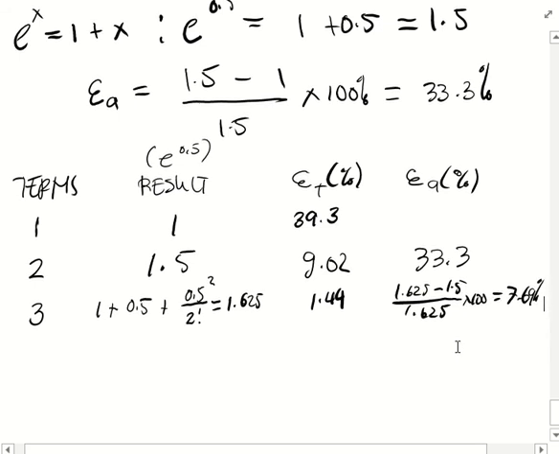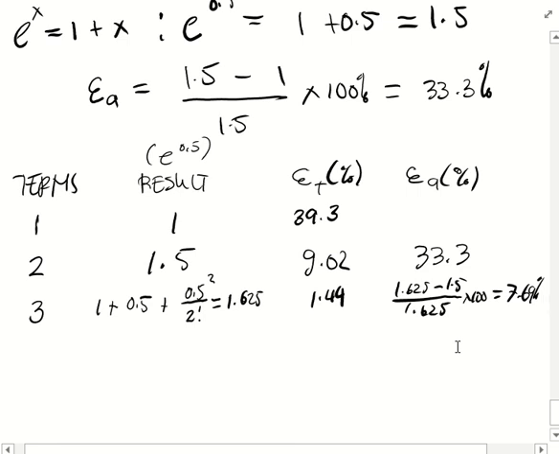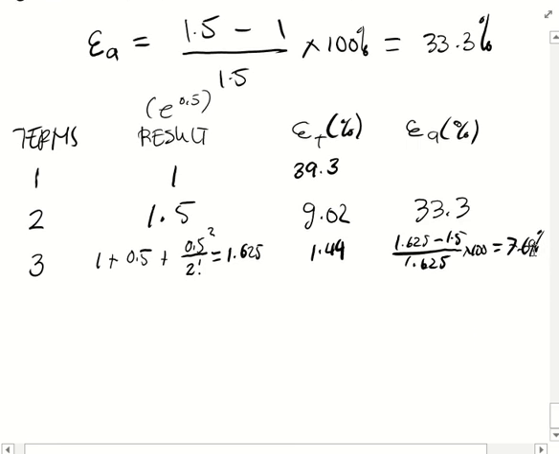So the approximate error goes down, so it goes closer to our stopping criterion, but still it's far ahead of 0.05%. So again, we need to add another term. So adding another term, I just take 1.625 here.